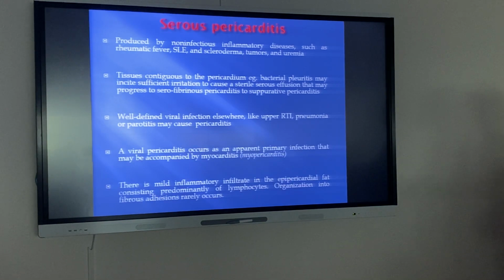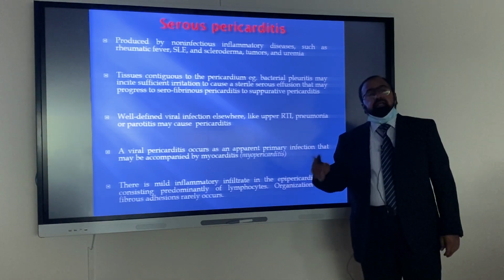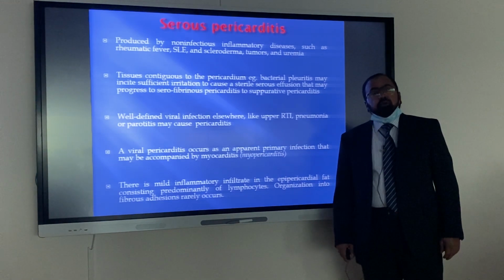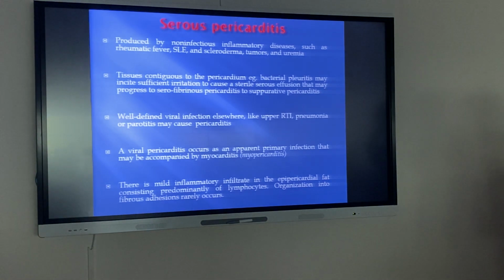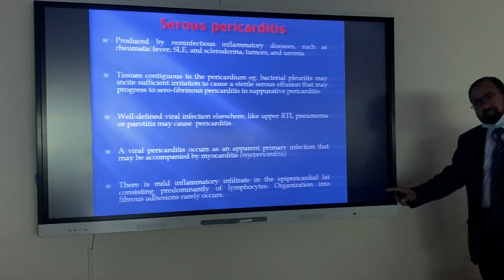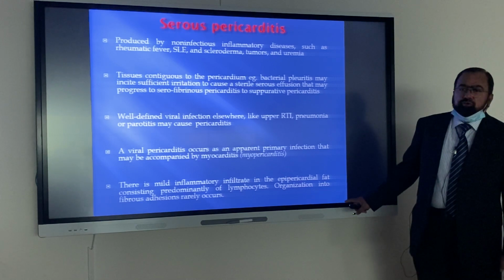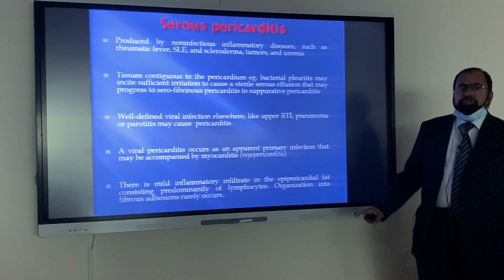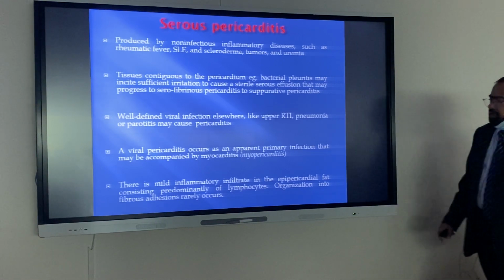Viral pericarditis occurs as an apparent primary infection and may be accompanied by myocarditis, that is myopericarditis. We will discuss it later when we discuss myocarditis. There is a mild inflammatory infiltrate in the epicardium, consisting predominantly of lymphocytes. You will not see neutrophils here. So in serous pericarditis, if you see some cells, they will mostly be lymphocytes.